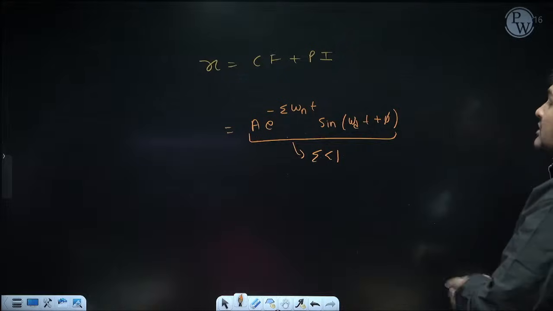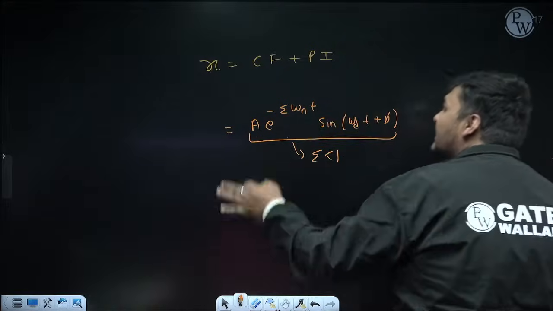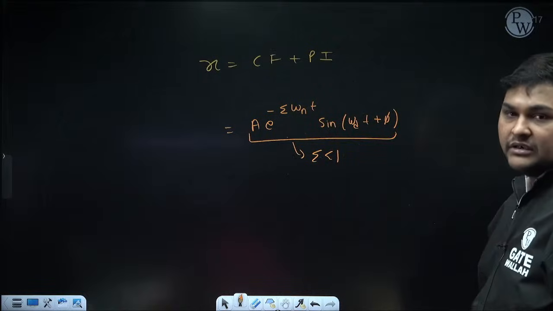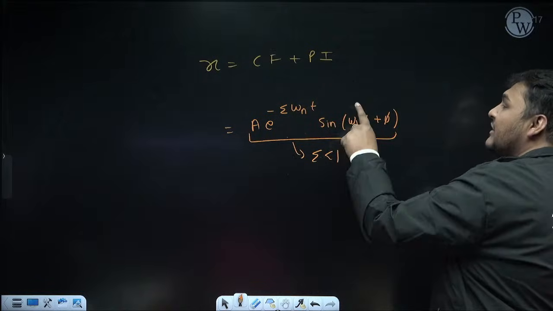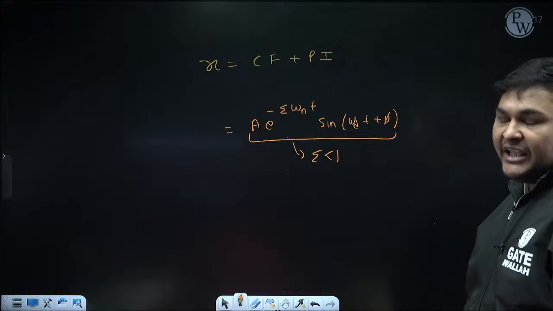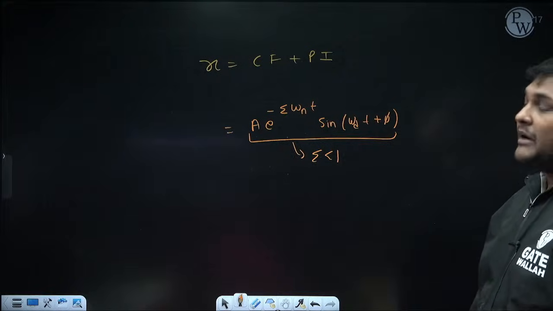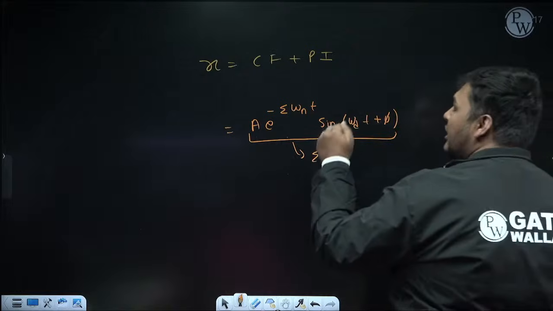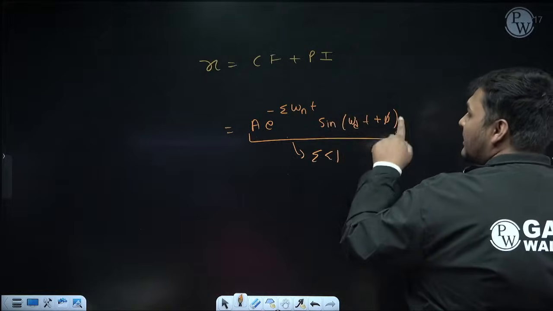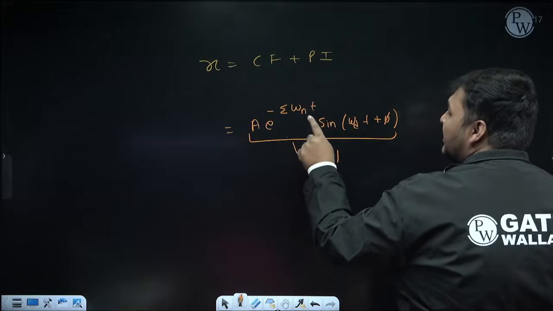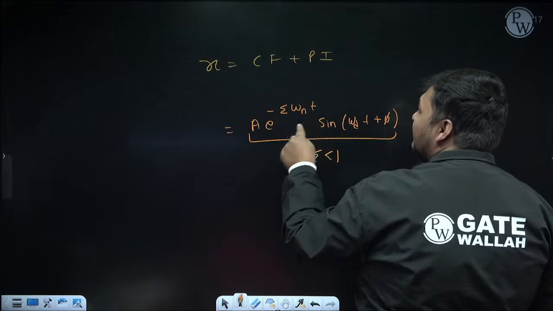But this is not the solution in forced vibration. Is this the CF for forced vibration? Yes, and this equation is obtained when zeta is less than 1. If zeta is equal to 1 or greater than 1, this part will not be periodic. But in this equation you can see its amplitude will reduce gradually with time.